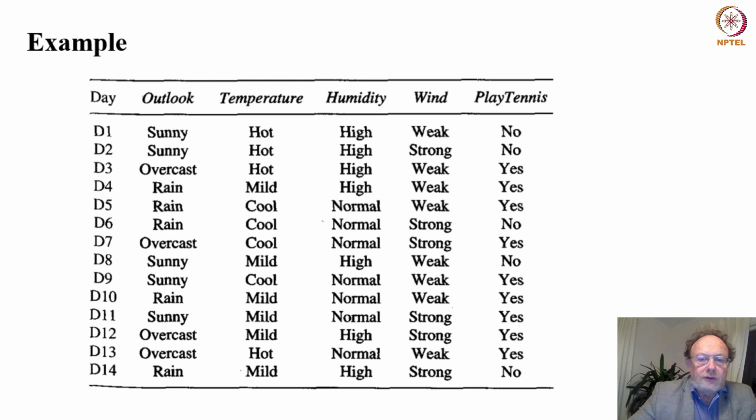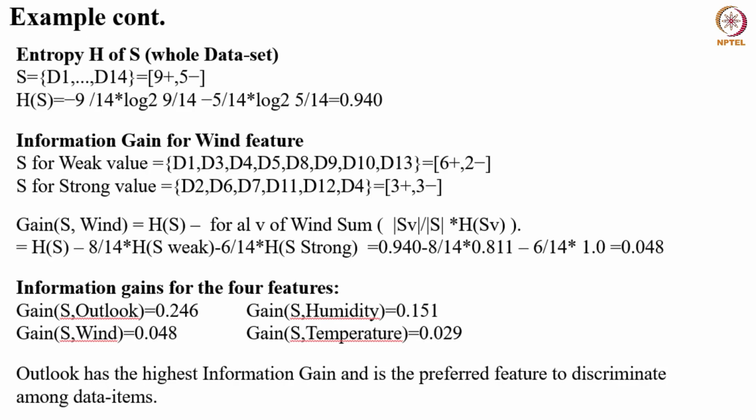Each has a few feature values, and then we have a binary classification for this task, whether you should perform a certain activity or not. So this is the case we have. Let's now look at the example and how we compute the various measures.